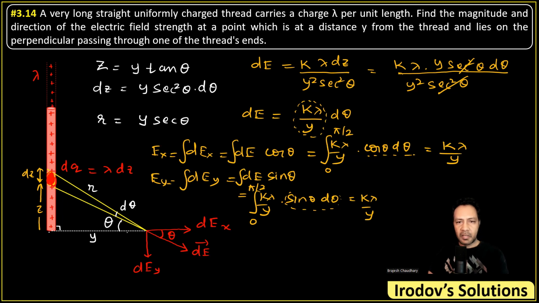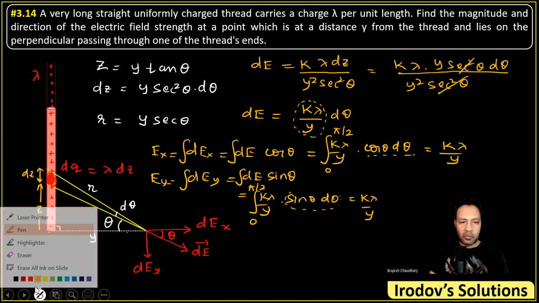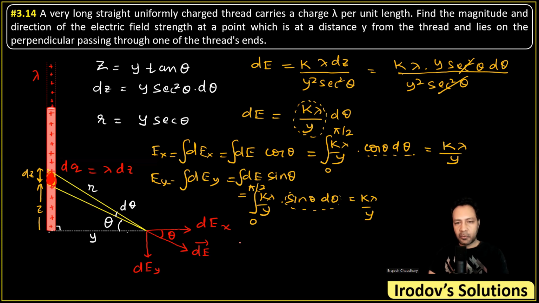So Ex and Ey are both equal to k lambda by y, and k is obviously 1 upon 4 pi epsilon naught. So the overall magnitude of the electric field E is obviously the square root of Ex square plus Ey square, and that will be root 2 k lambda by y.